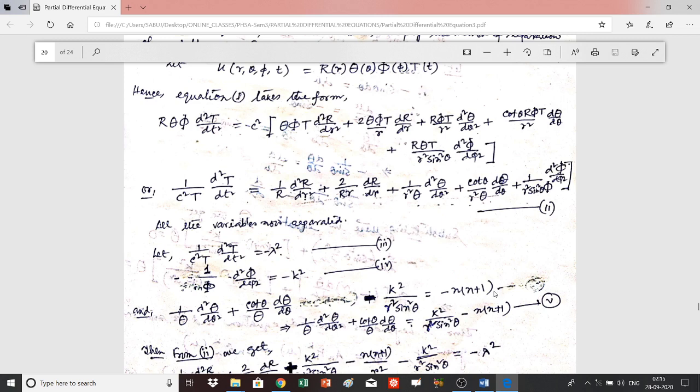Okay, now from this we can write (1/Θ) d²Θ/dθ² plus cot θ, actually these two terms.